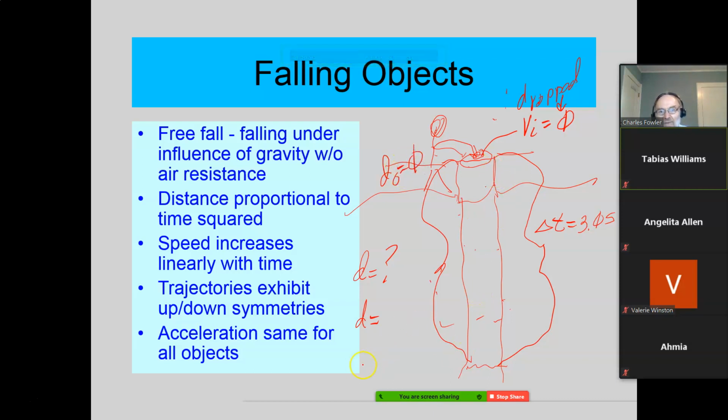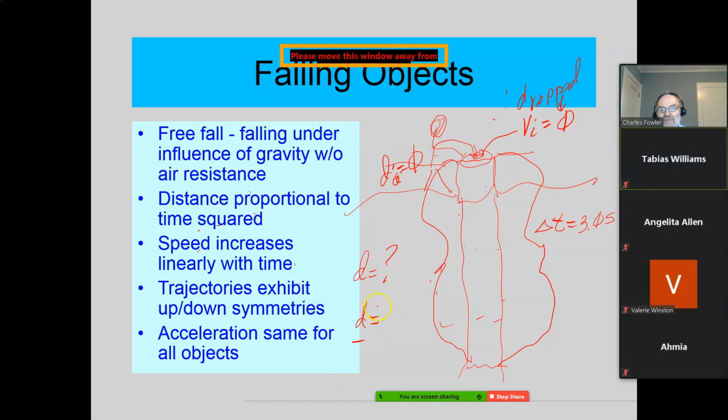How deep is the well? That's going to give you this D. So now that we have initial velocity 0, I've used different terms here. Let's call this D sub I. DI is equal to 0.